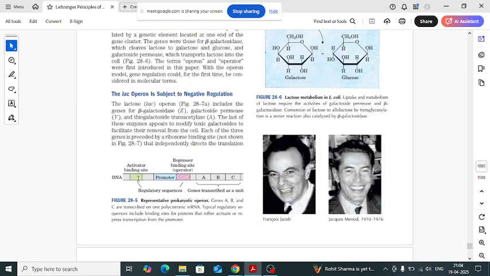So this is the construct of any operon, where there is a cluster of three genes here, A, B, C. Their expression is governed by this promoter, and in the promoter there is a repressor or activator binding site which is called the operator, right? And upstream of the promoter there is an activator binding site.